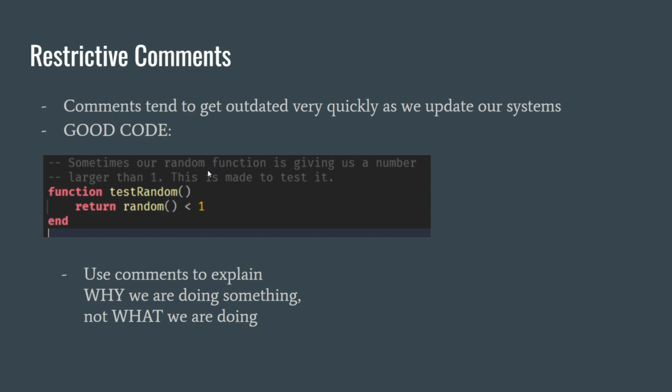So it says sometimes our random function is giving us a number larger than 1, and that's why I made this function. See how it's using it to explain why it's there? Instead of like, this is a function that does this, you're saying, I wrote this because we needed it for this. So that is a better way to go about writing comments.